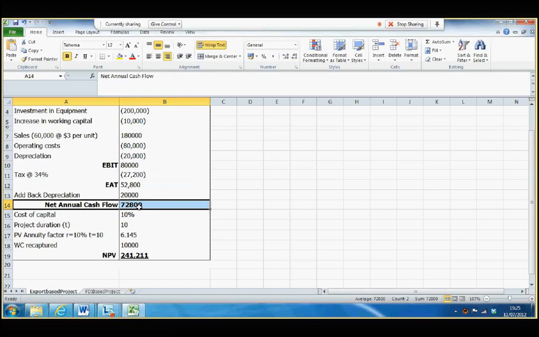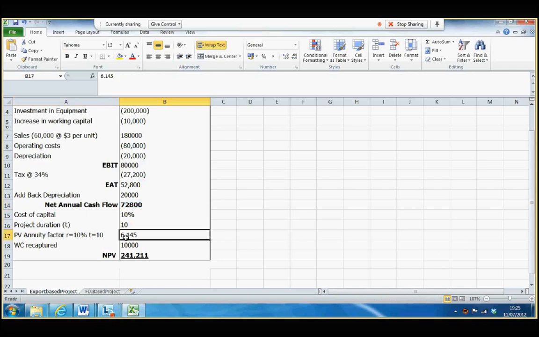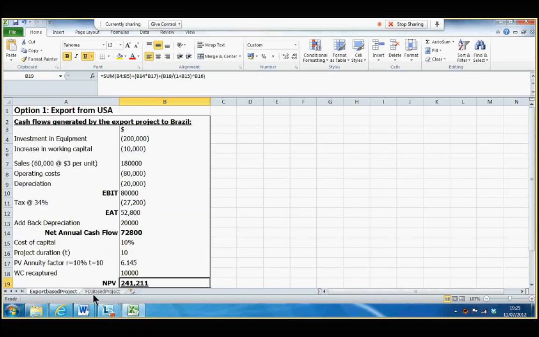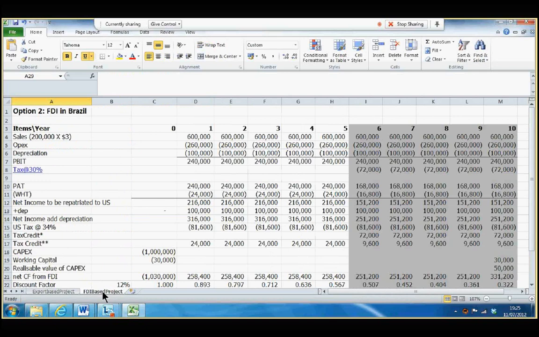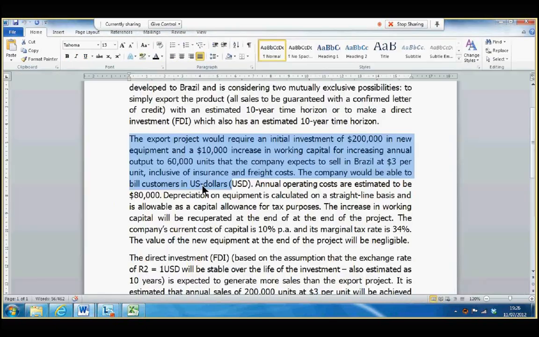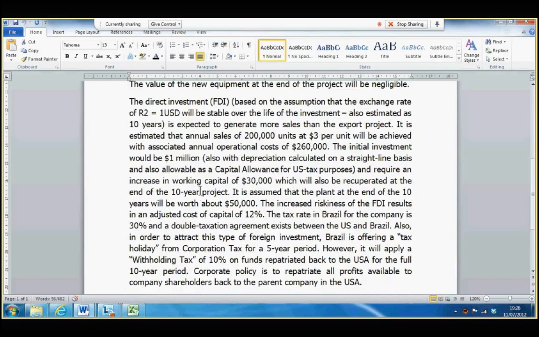Now, because this is the same annual cash flows for the entire period of the project, you can apply present value annuity factor, which is 6.145, and you will get the net present value of 241,211.